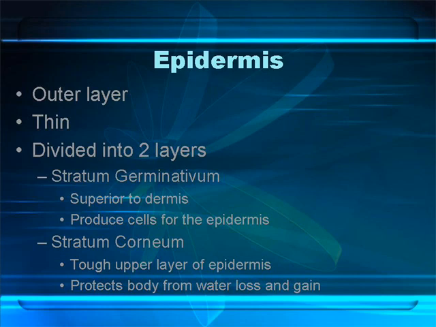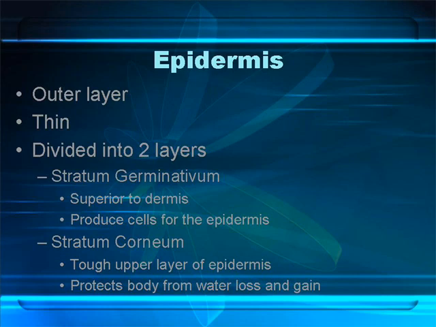The first layer, the stratum germinativum, is superior to the dermis, which means this is the layer that actually sits on the dermis. Your stratum corneum is the layer that's the top of the epidermis. If you look at your hand right now, the layer of the epidermis you're seeing is the stratum corneum.